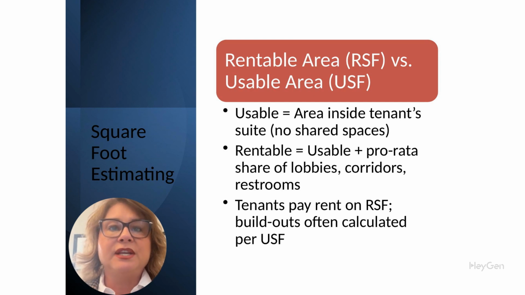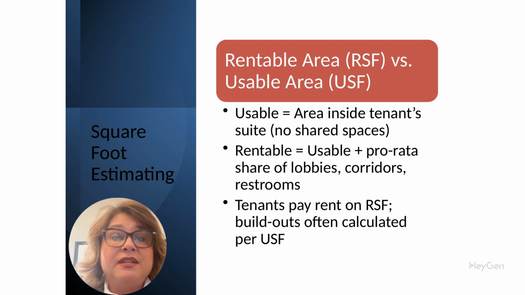It excludes any shared space like restrooms, lobbies, or shared hallways. Rentable square feet, RSF, includes everything in USF, plus a pro rata share of the common areas. So a tenant may occupy 10,000 USF, but they're actually paying rent on something like 12,000 RSF because they're also renting their share of the lobby, corridor, and bathrooms.